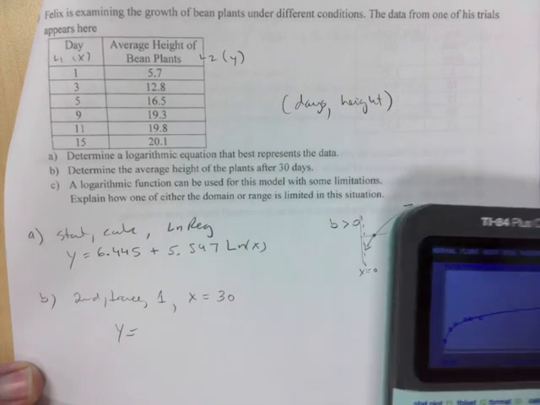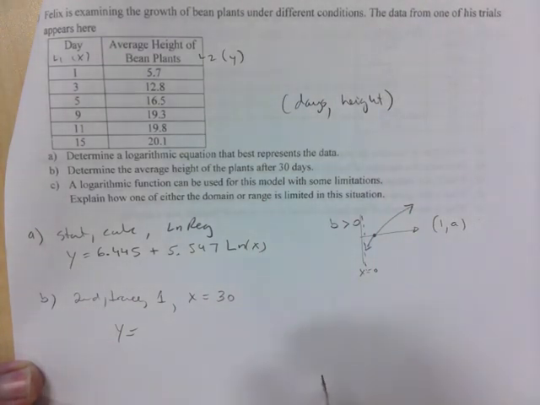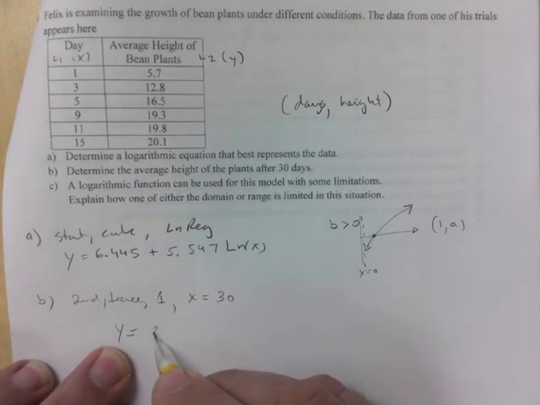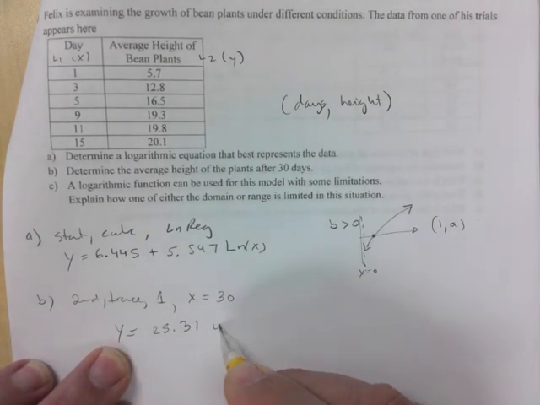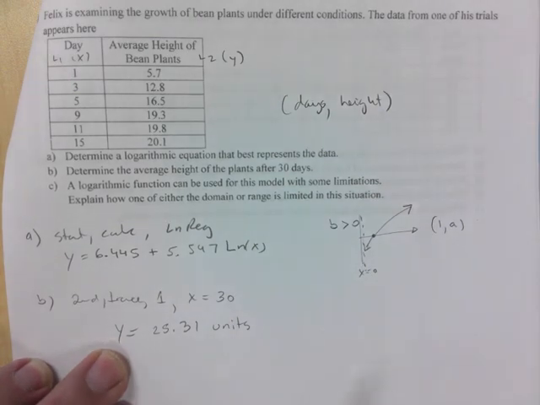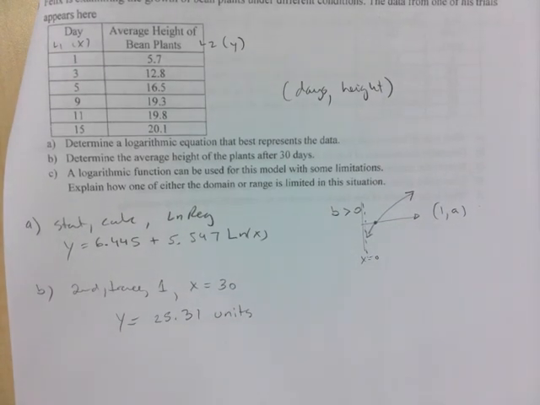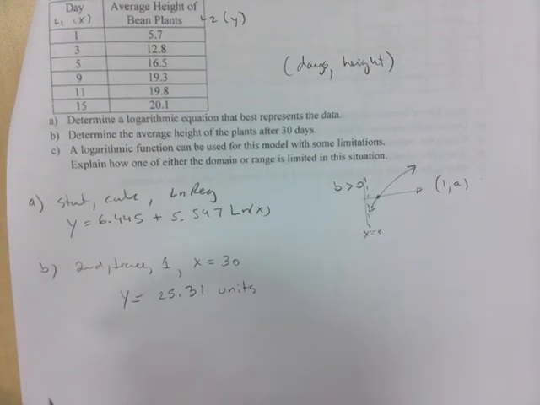It doesn't say the units for the average height of the bean plant. In that case, you can just say units. If it's inches or centimeters, it doesn't matter. Okay, that's okay.